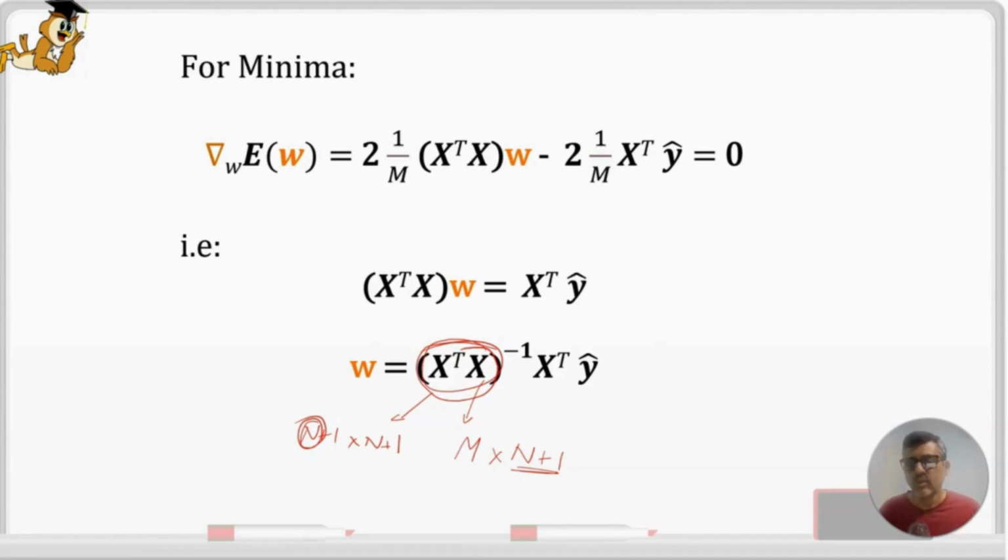In those cases, perhaps this closed form solution is not what you're looking for. The computational difficulties of finding an inverse start kicking in when your N becomes very large. That really is the motivation for going on to the other way of solving the linear regression problem. That is the primary motivation for the next approach that we are going to talk about.